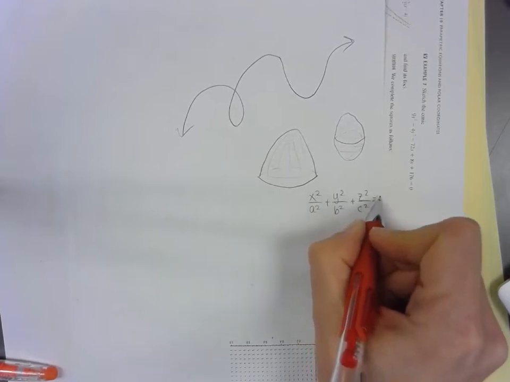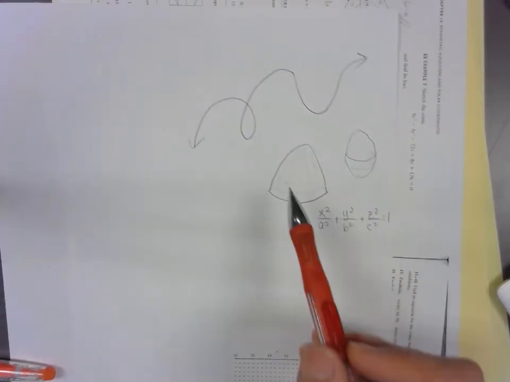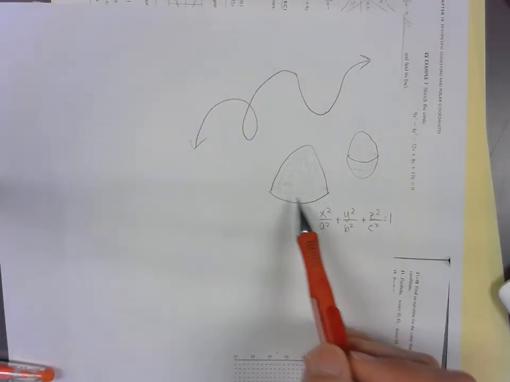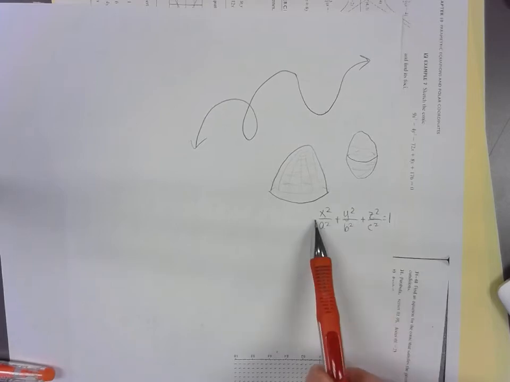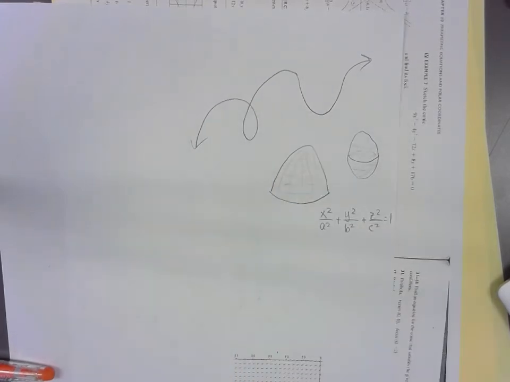So you see all three variables. So if it's a surface, you're going to see the x's, y's, and z's. If it's a curve, it should only have a t in it. So at least you can narrow it down that way.